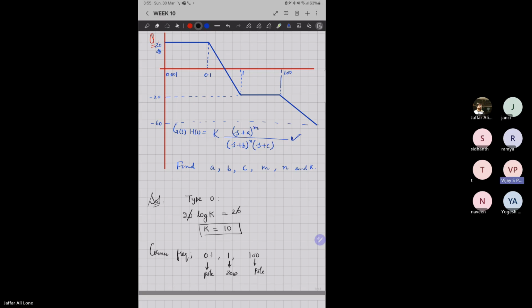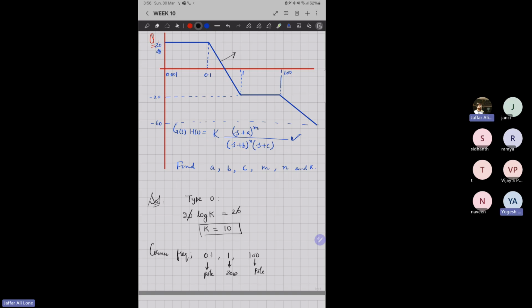Can you also confirm the order at 0.1? Is it a first order pole or a second order pole? What is the slope? It's a second order pole. Why?